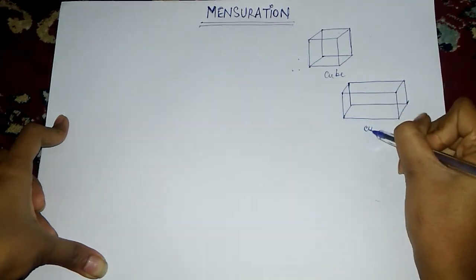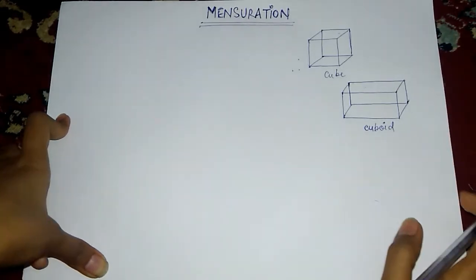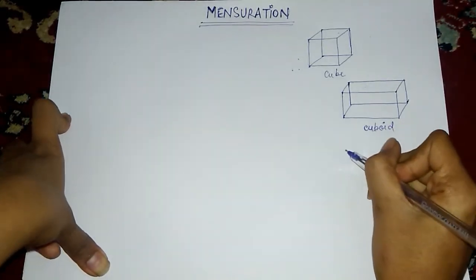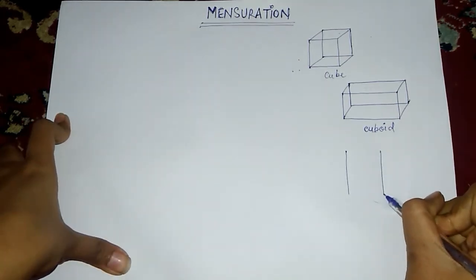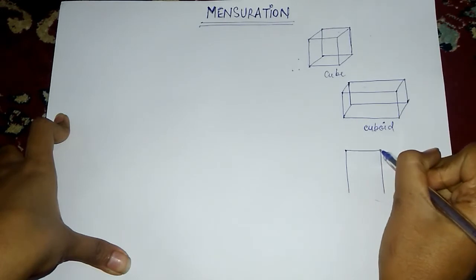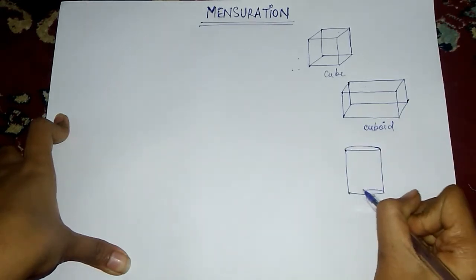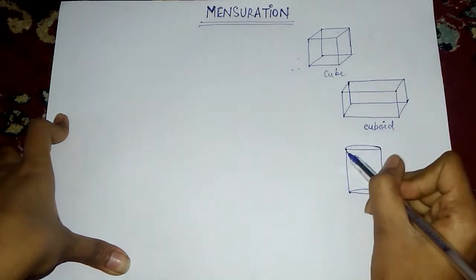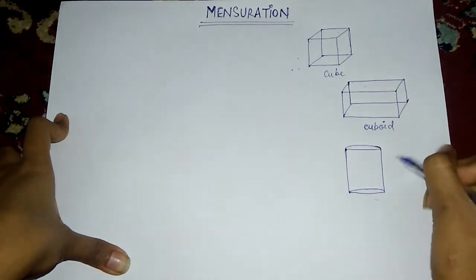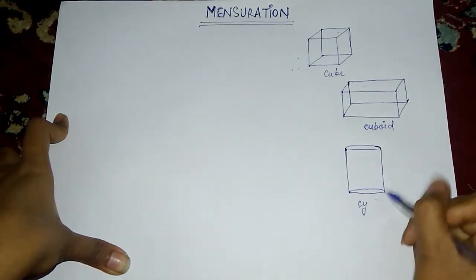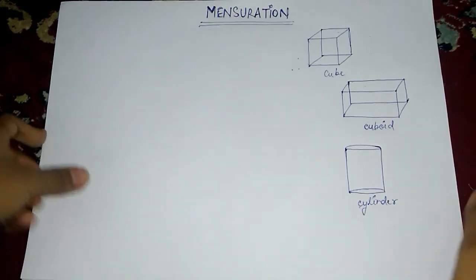So a cuboid can also be called a prism. And the third example is a cylinder. These are two equal straight lines. This is the top, this is the bottom, and the top is also a circle, the bottom is also a circle. So a cylinder can also be called a prism.